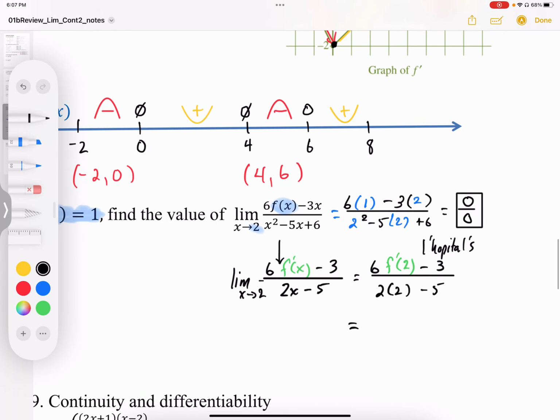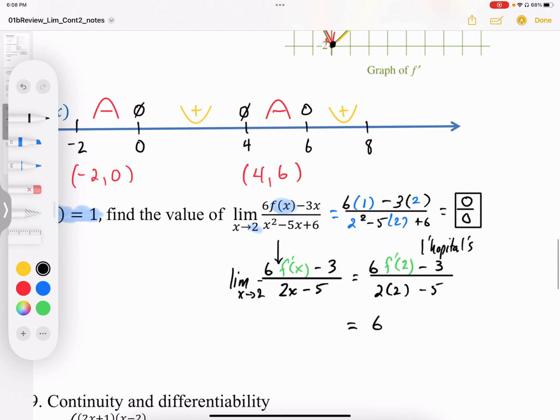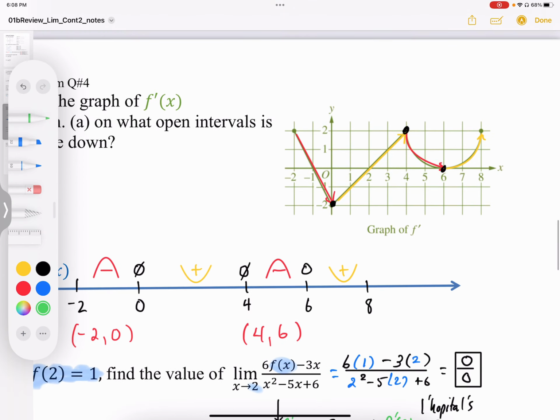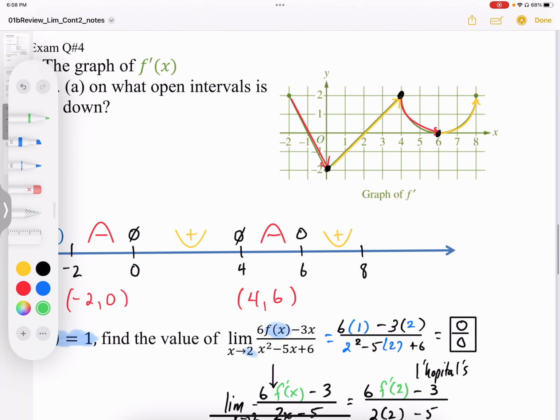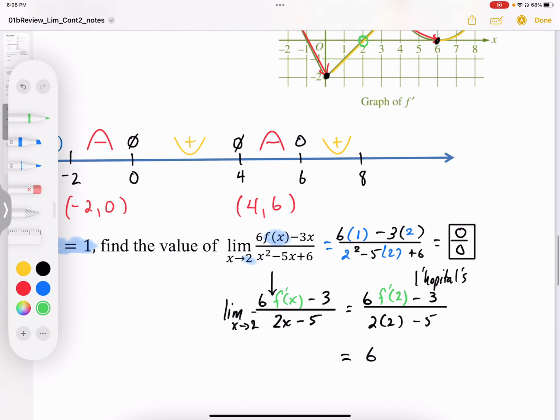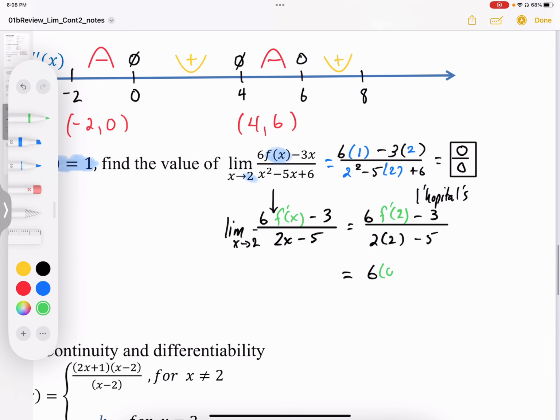Evaluating this, we get 6 times f prime at 2, or the y value of the f prime graph at 2, is equal to 0. It's going to be that point there. So we plug in 0. We end up with negative 3 over 4 minus 5, which is negative 1. So the value of the limit is equal to 3.